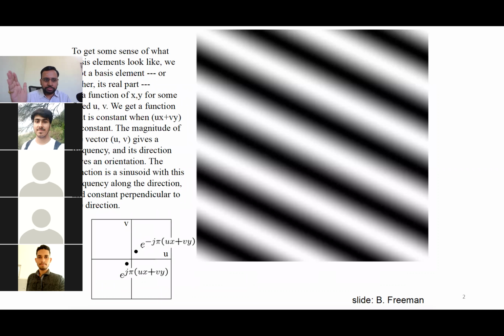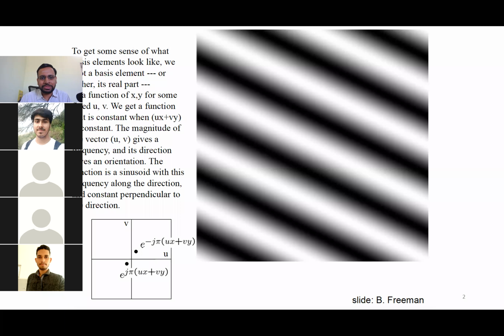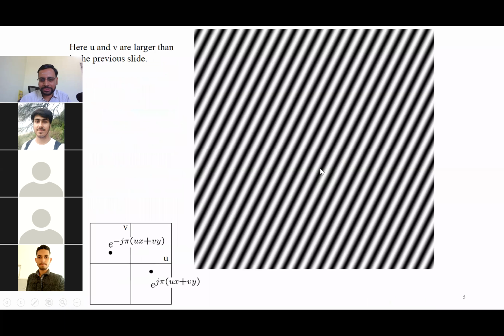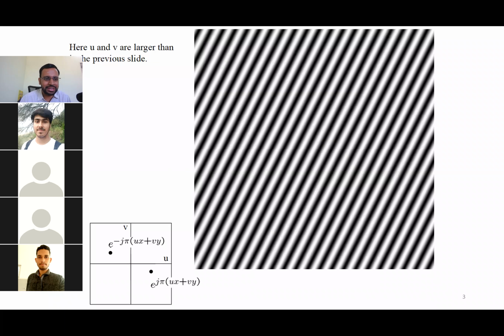By looking at the images, I'm sure you will be able to say whether it is a high frequency or low frequency. The way it is getting repeated is fast here, so this is a high frequency one. If somebody is not able to say it's high or low frequency, be comfortable with it.